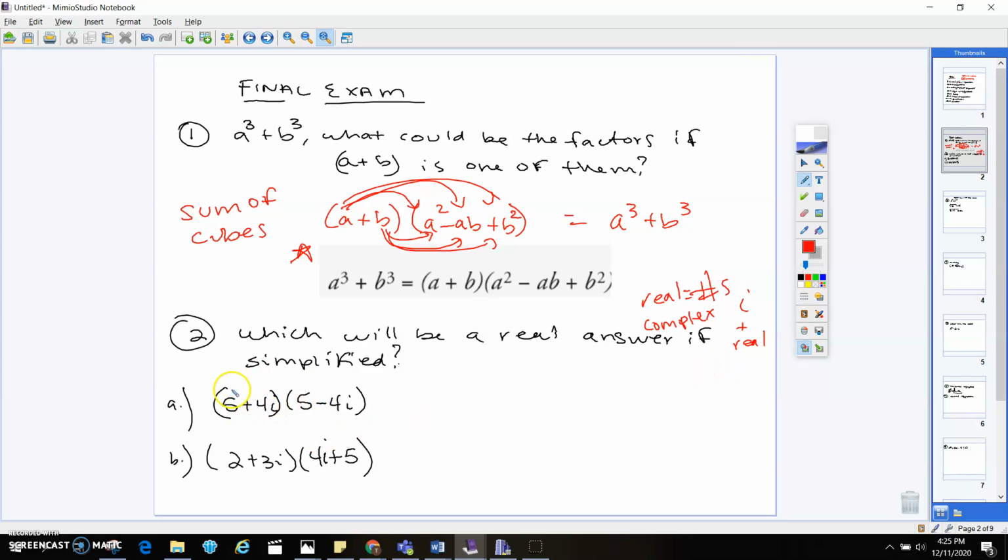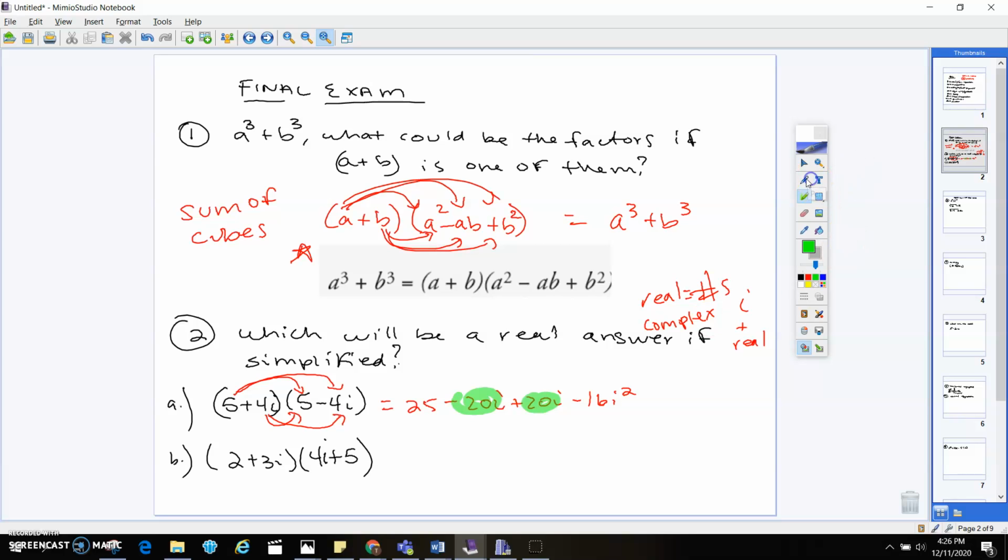With this one, I'm going to distribute, so that'll be 25. 5 times negative 4i will be negative 20i. 4i times 5 is going to be positive 20i, and then 4i times negative 4i is negative 16i squared. The next step is to combine our like terms, so we've got negative 20i plus 20i, and those are going to cancel out.